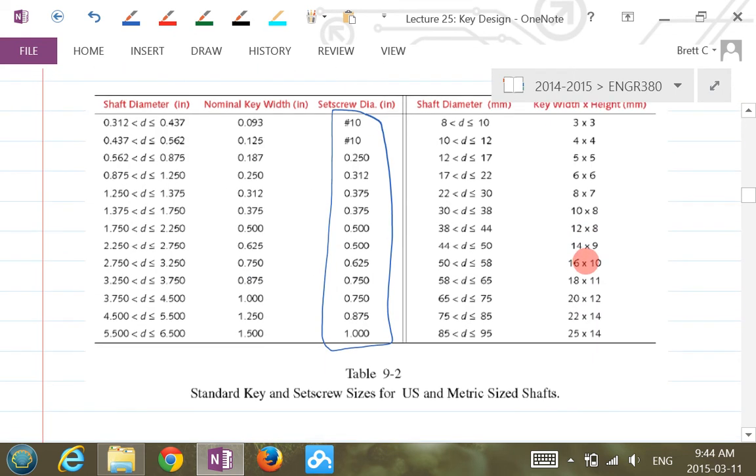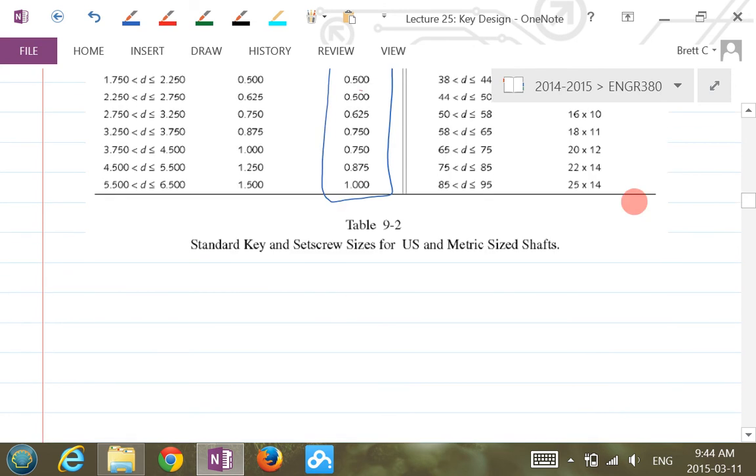So this table has the recommended set screw size. In the lecture notes there is a section on set screw with a lot of details, but anyway, this could be one of your references. So you have three different tables, but they're all pretty much the same, just with slightly different information.